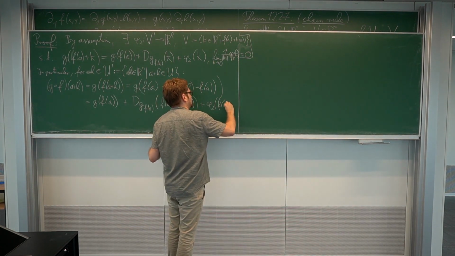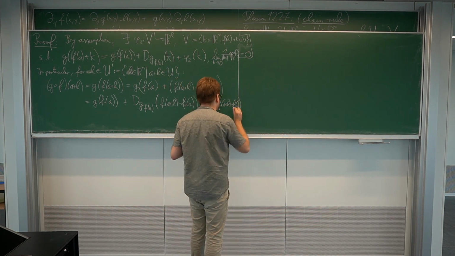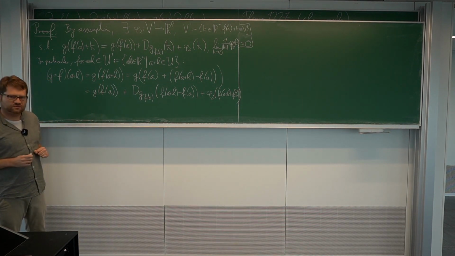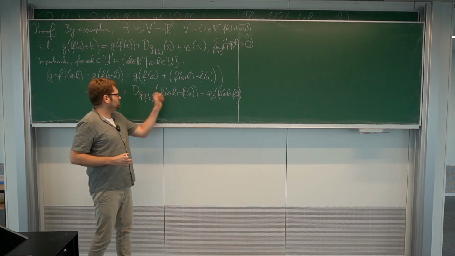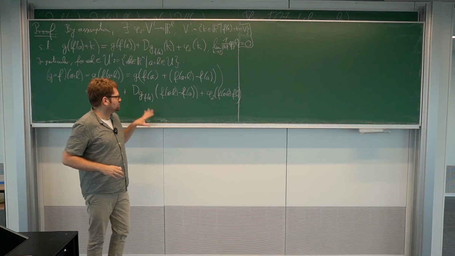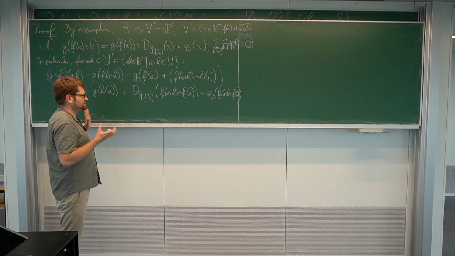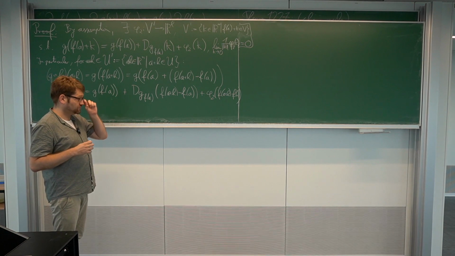So this already looks a bit better than before because we already have G of F of A, and then we have something which involves a differential, but of course this is not linear in H in this setting, so this is not the differential yet. But we haven't exploited yet that F is differentiable as well.